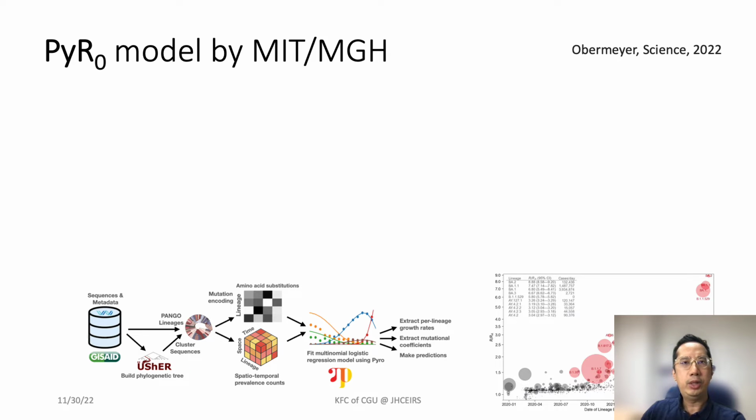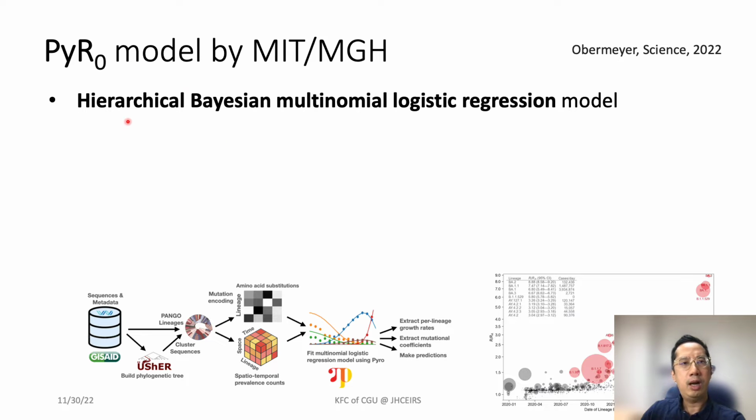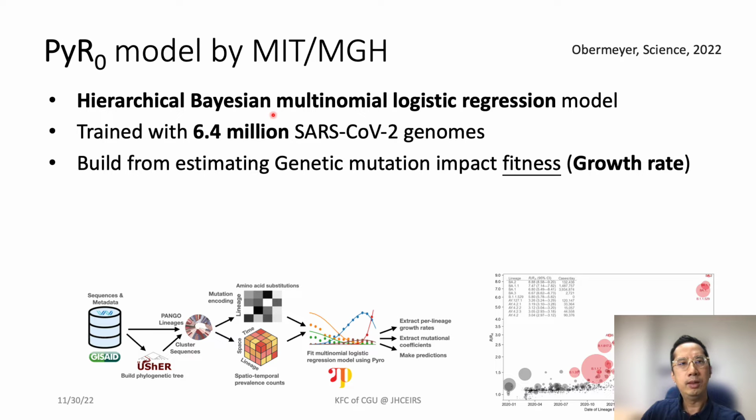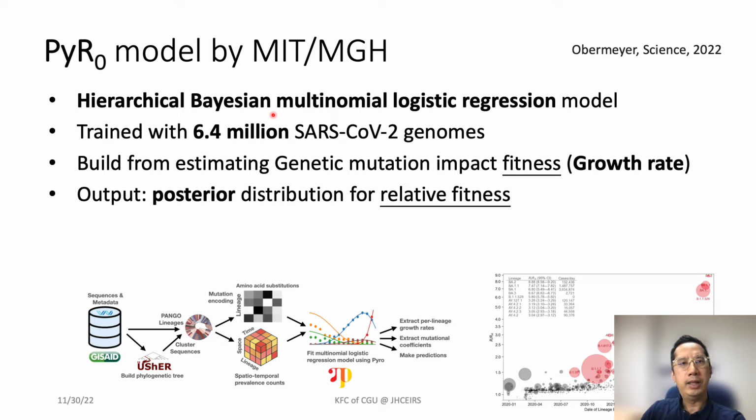The MIT MGH group developed a pi-R0 model using a hierarchical Bayesian multinomial logistic regression model. They trained it with a very large database of 6.4 million SARS-CoV-2 genomes. They used the surrogate outcome, which is the growth rate, as the virus fitness, and they gave the output as the posterior distribution of relative fitness.